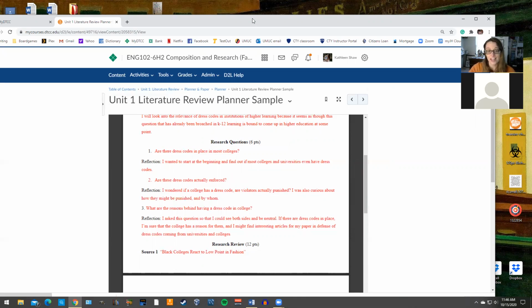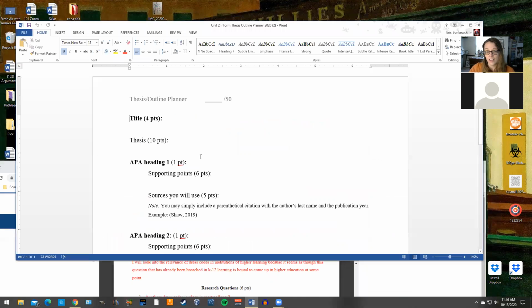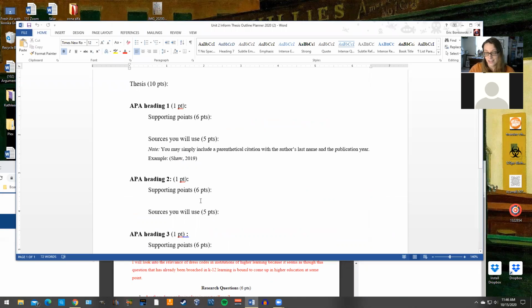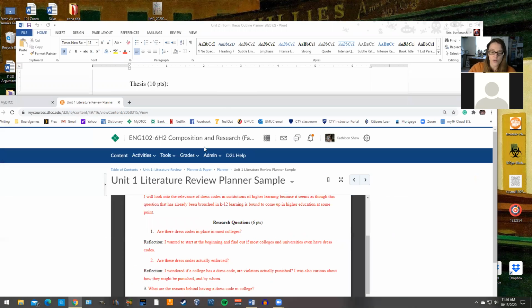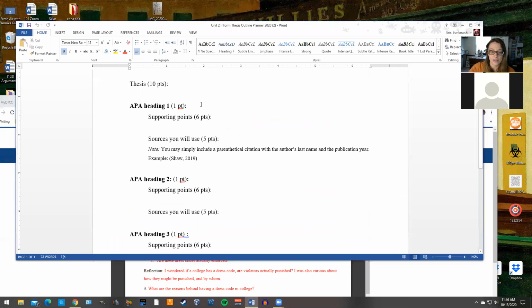If you look at the setup of your paper, there are 3 headings. So maybe what I should consider is thinking about turning those questions into sections of my paper, because ostensibly I've done research to answer those questions. The first one is, are there dress codes in place in most colleges?